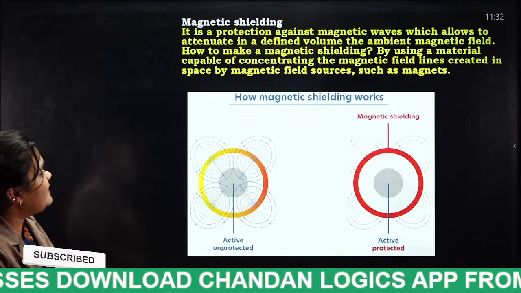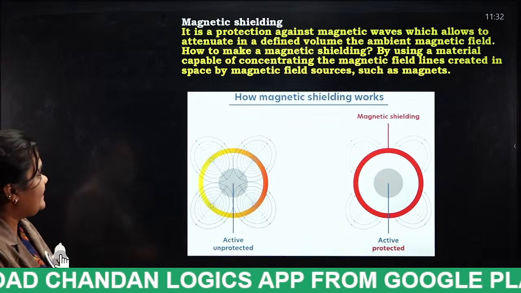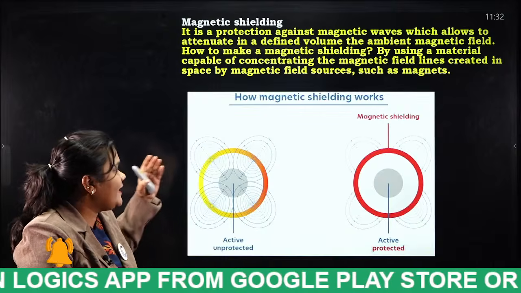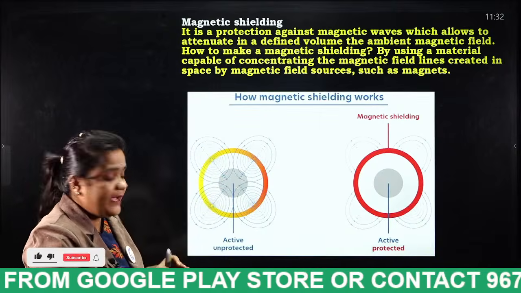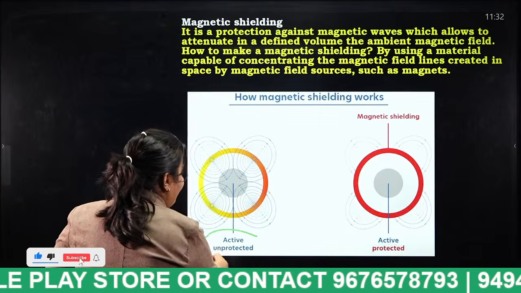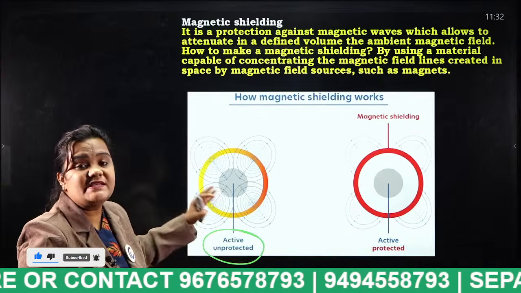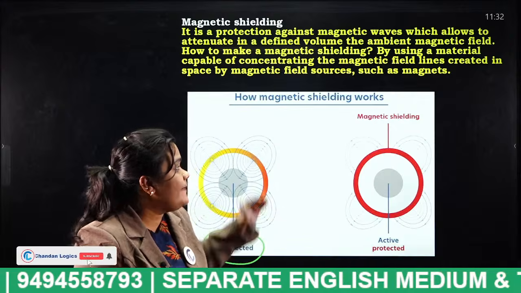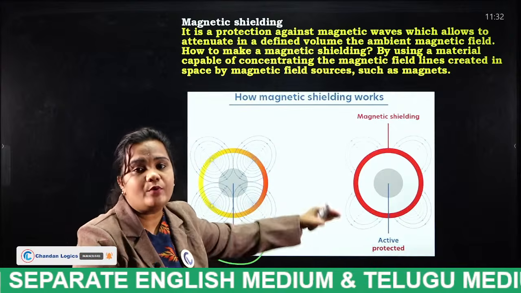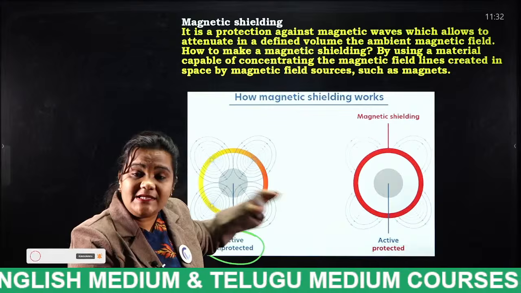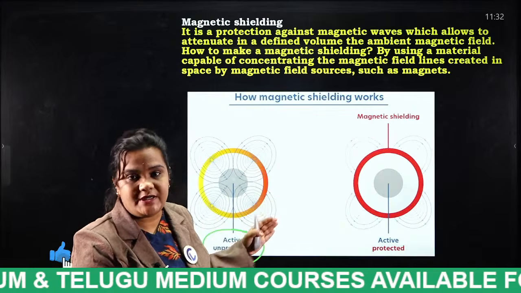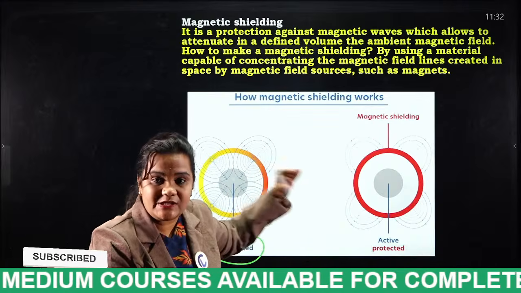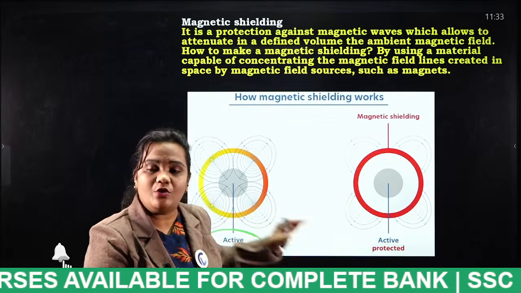Next, magnetic shielding. What do you mean by magnetic shielding? When you look at these two, this one is active but unprotected. When it comes to the second, the magnetic shielding is active and protected. In this manner the magnet should be shielded so that it will be active and protected.